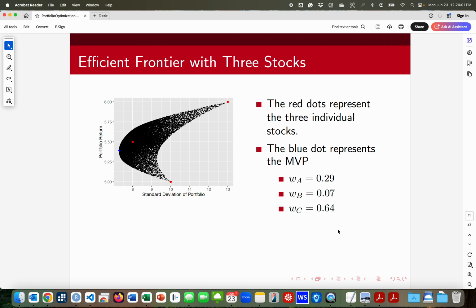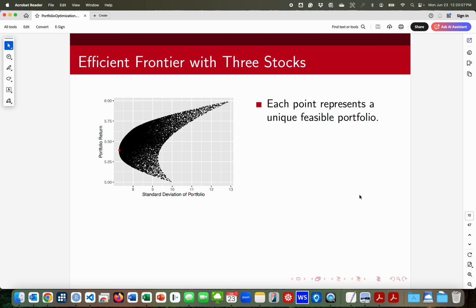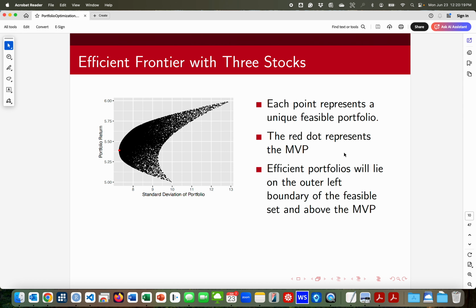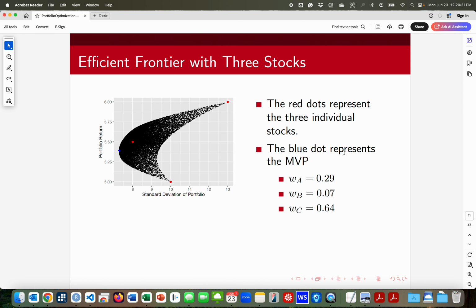And then using those weights, the 0.29, 0.07, 0.64, we could go back and find the return of the portfolio using this formula right here. Just using the weight for A, the return for A, the weight for B, return for B, weight for C, return for C, and we could find out the return for this portfolio.